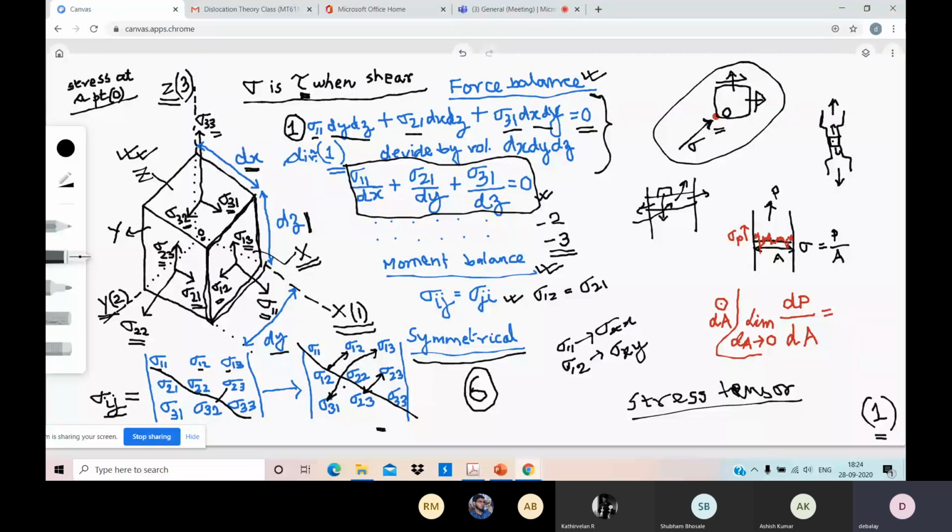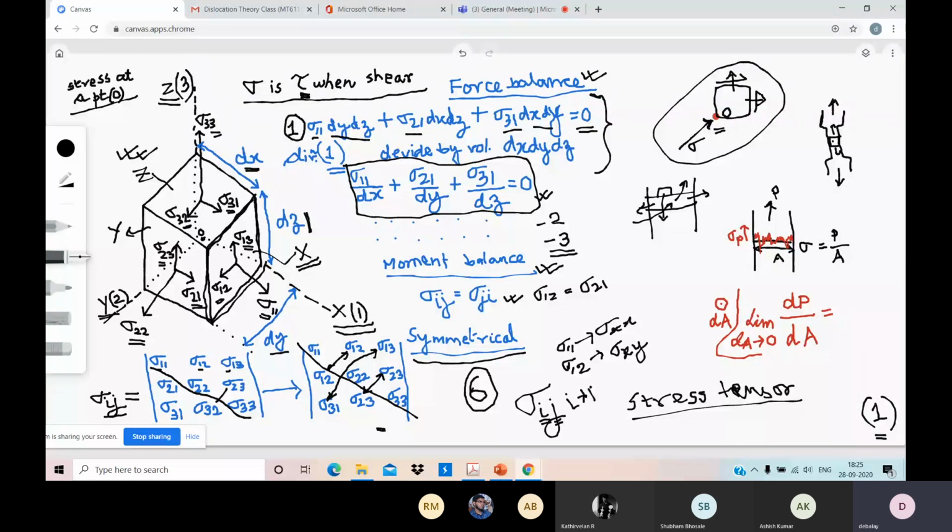Here, one very important aspect is, if I write any stress component as sigma ij, what is i representing and what is j representing? What is the convention of writing a component? As per the drawing, you can clearly understand that i basically represents the plane on which the stress is acting.